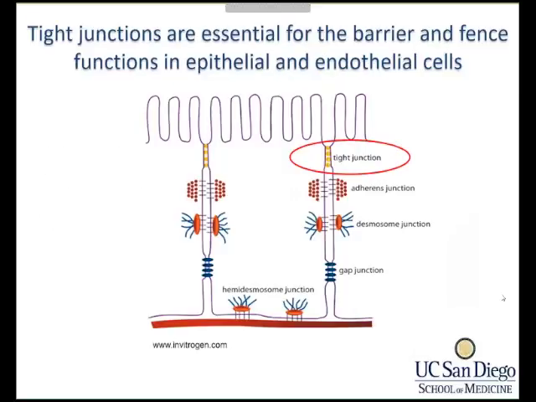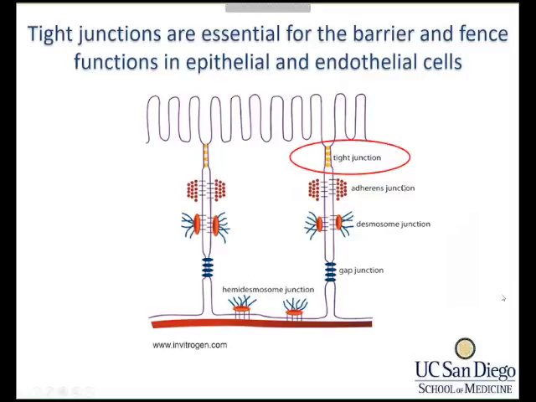So the tight junctions play an important role in both epithelial and endothelial cells, as indicated in this picture. They're both barriers and fences in polarized endothelial and epithelial monolayers. So important functions of tight junctions include limiting those proteins that are expressed on the apical surface from migrating freely into other compartments of the plasma membrane.